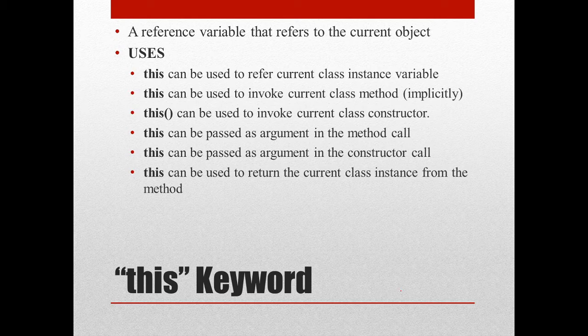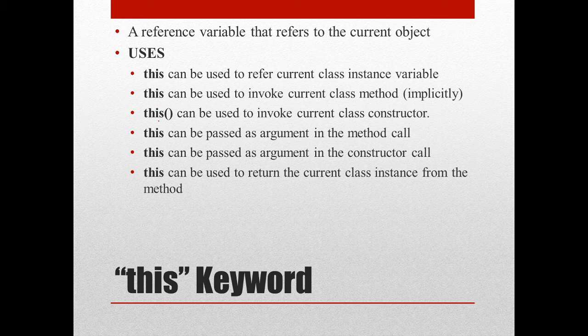Okay. Now, we are done with the method overriding. Now, what we will be discussing now is the this keyword. So, the this keyword is a reference variable that refers to the current object. There are 6 uses of this keyword. One, this keyword can be used to refer to the current class instance variable. 2, this can be used to invoke the current class method implicitly.